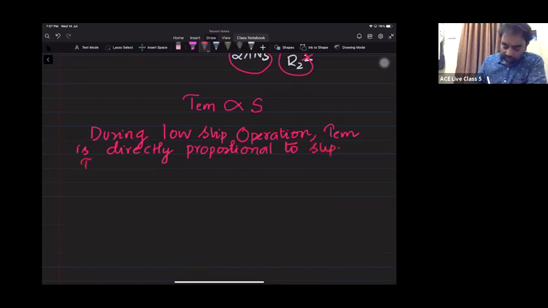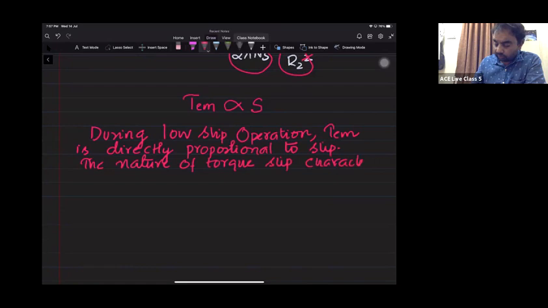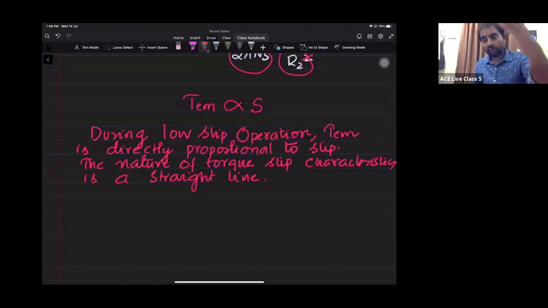The nature of the torque-slip characteristic is a straight line. I hope this point is clear. All of you confirm with me.